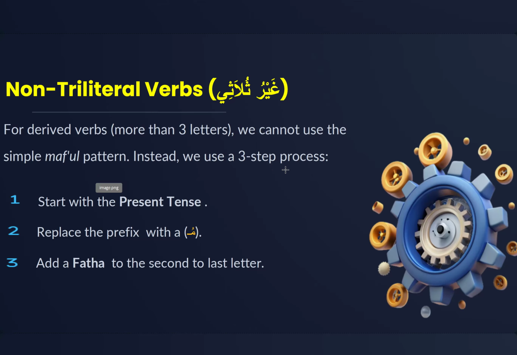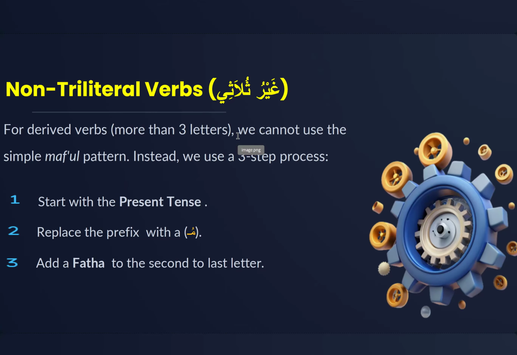That 3-step process is first to start with the present tense. So when it comes to maf'ul, we take the past tense and make it into the maf'ul format. However, when it comes to ghayru thulathi, we need to change into present tense first.